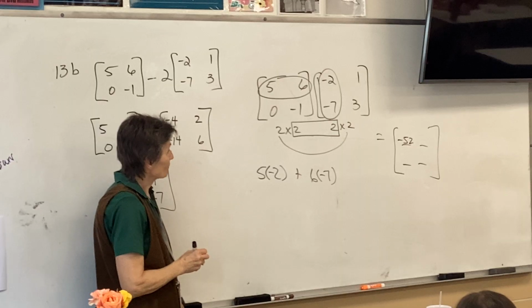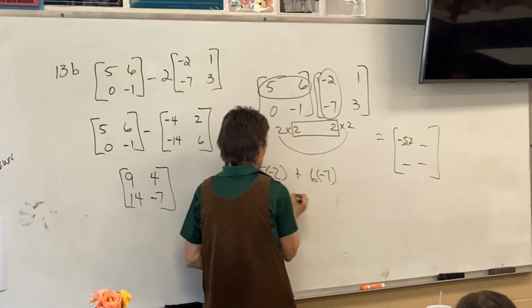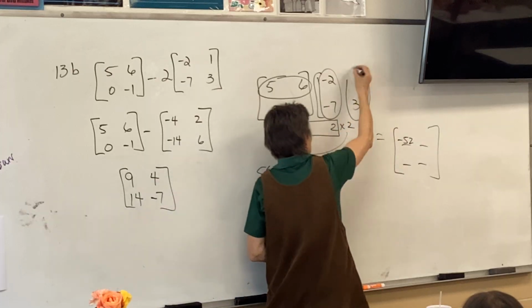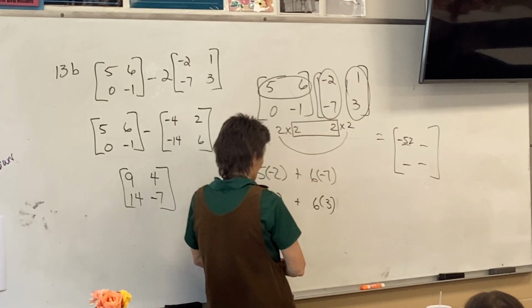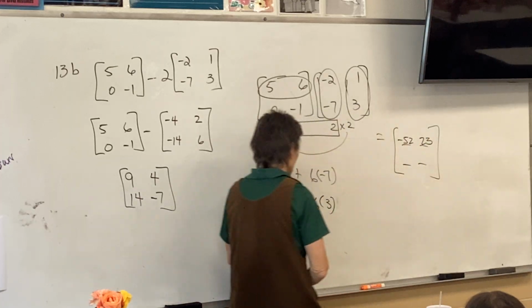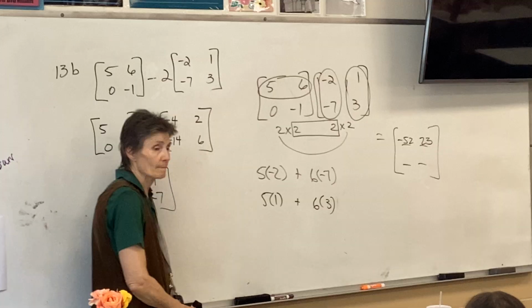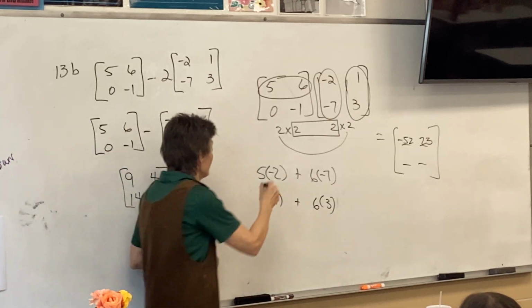All right. And then row 5, 6 times this column, 1, 3. And that's going to be 23. Then we repeat using the bottom row.